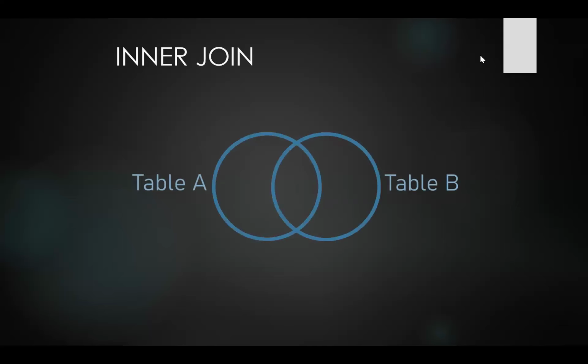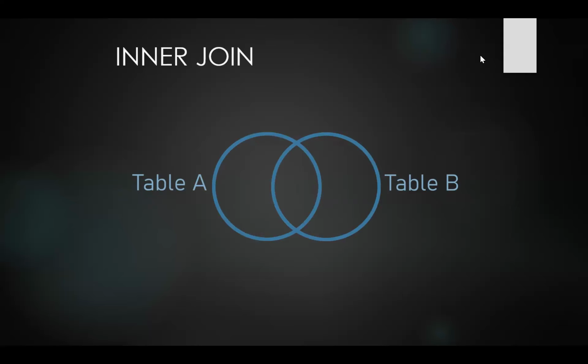So here is a Venn diagram, two tables together. Picture this: one circle is a table, and the second circle is also a table. Just imagine two tables, because we're trying to understand the concept of inner join.